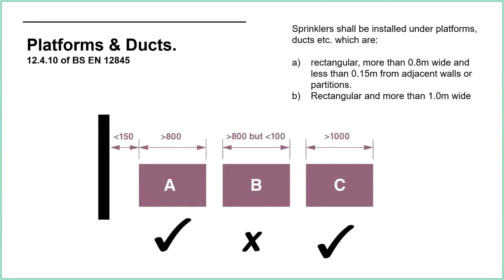It's only between 800 and 1,000 that we start to get into how close is it to the wall? So yeah, if it's closer than 150 millimeters from the wall, then it will need sprinkler protection. If it's further away, then it won't, between 800 and 1,000. So that for me is a more simple way of explaining the same thing.